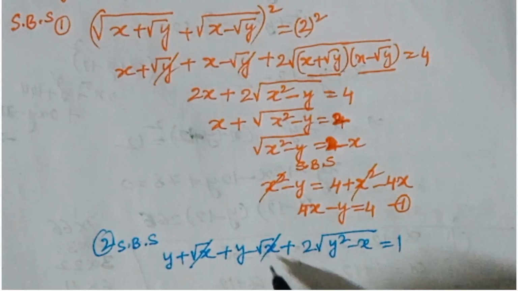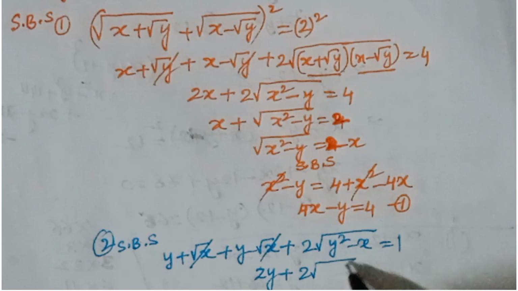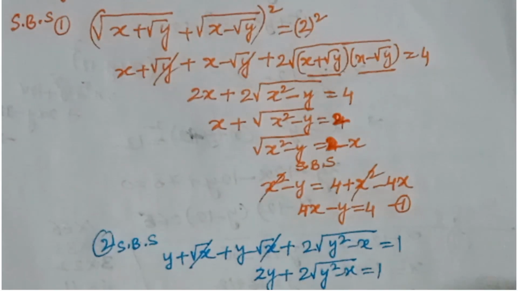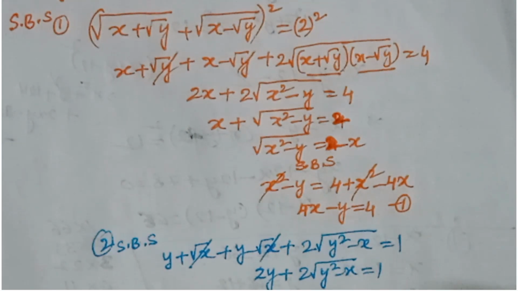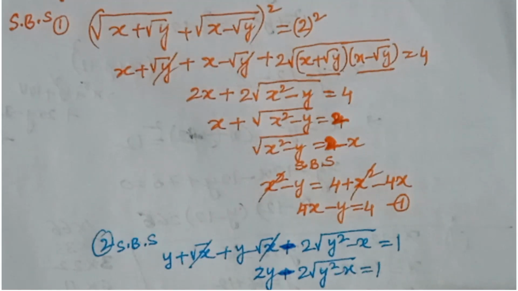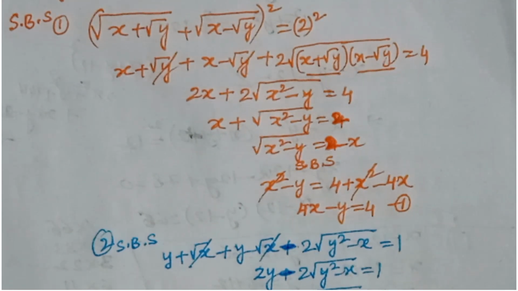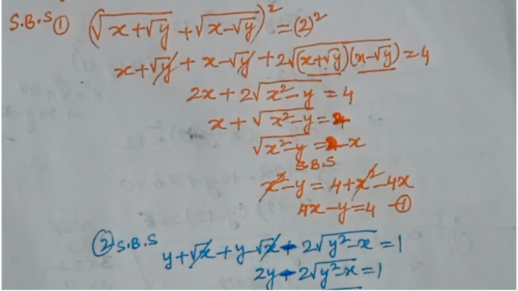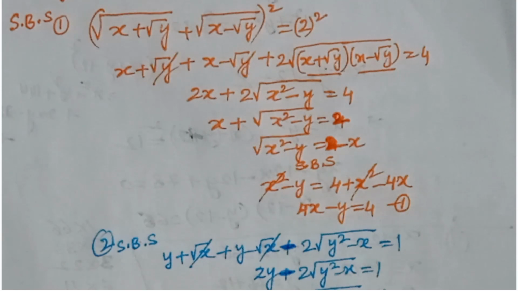So root x cancels. 2y plus 2 root of y square minus x is equal to 1. Taking 2 common, y plus root of y square minus x is equal to 1 by 2. So y minus 1 by 2 is equal to root of y square minus x.